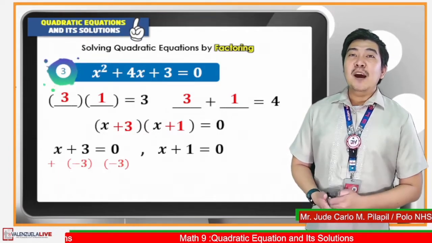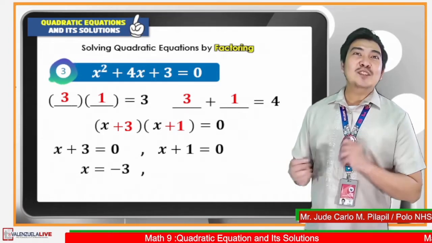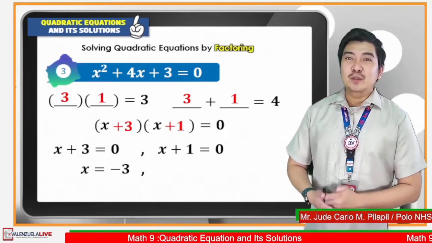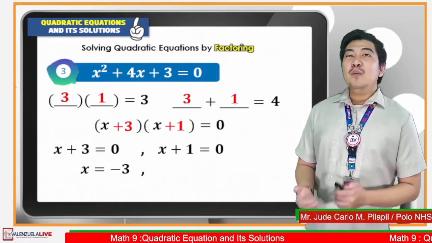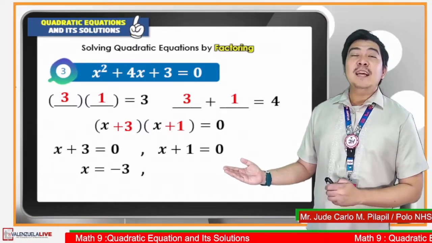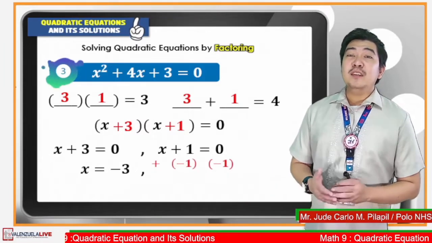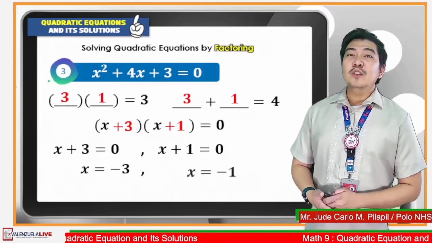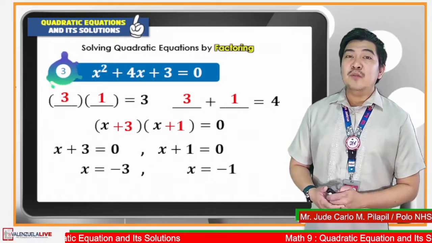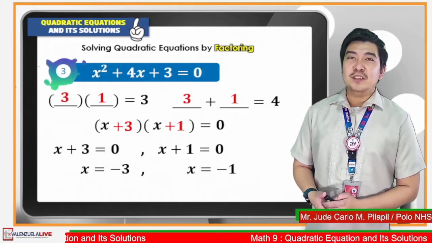The result will now be x is equal to negative 3, and that is considered as our first solution. In the equation x plus 1 is equal to 0, we will also apply the addition property of equality. So adding negative 1 to both sides of the equation, it will result in x is equal to negative 1, which is considered as the other solution of the equation.